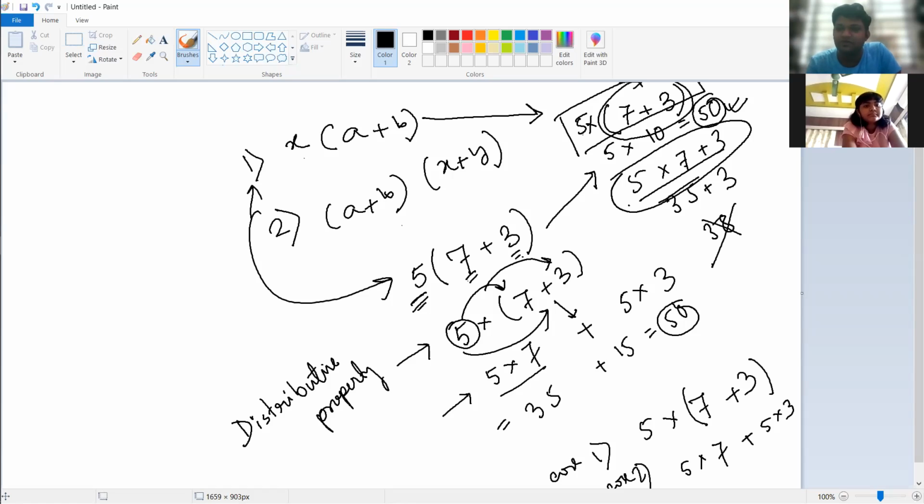Suppose there are X people, and you don't know the tea's price. The tea price is A. You don't know the biscuits' price. Suppose the biscuits' price is B. Then we will do the second one, and we just put the exact terms.